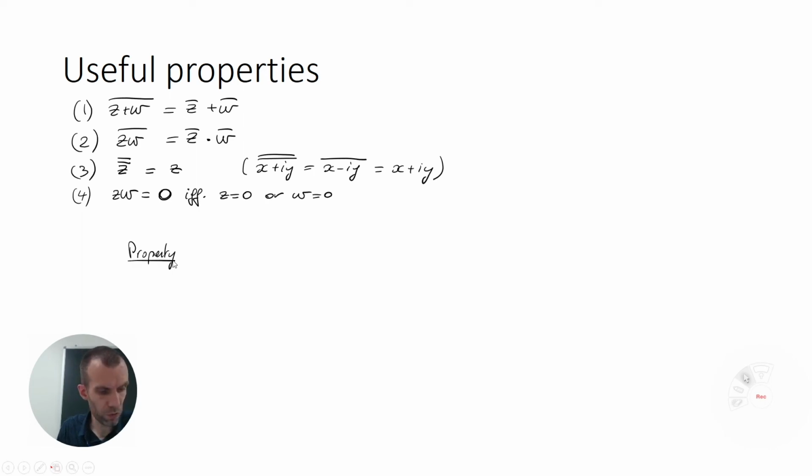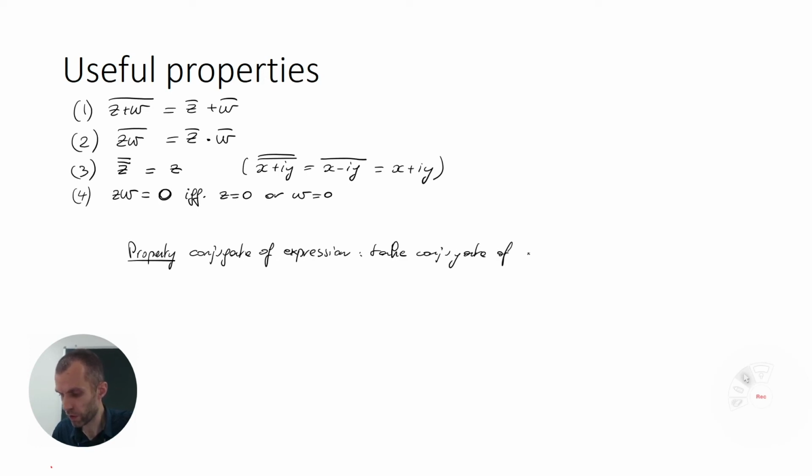So if you want to take the conjugate of an expression, so not just of a single complex number, then what you can do is take the conjugate of every term.